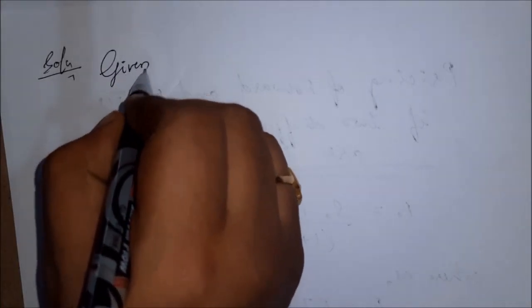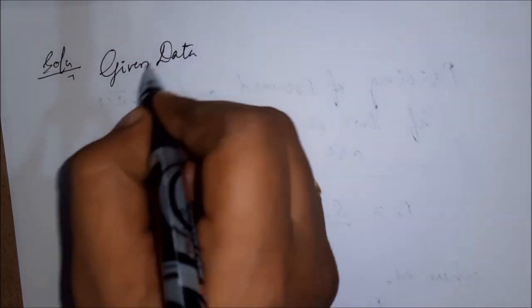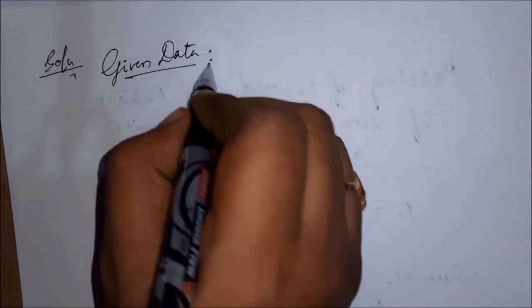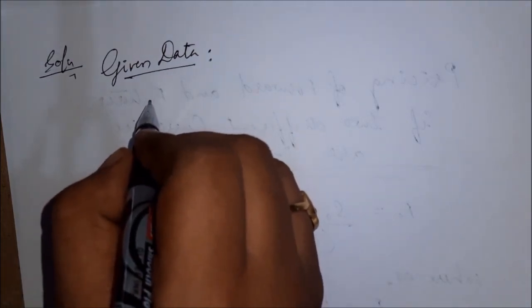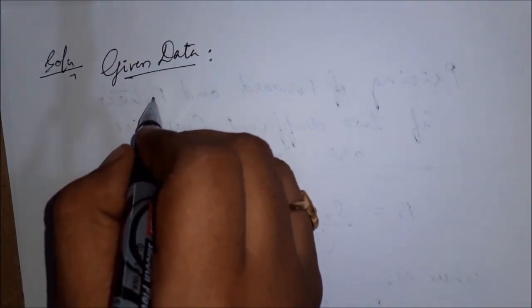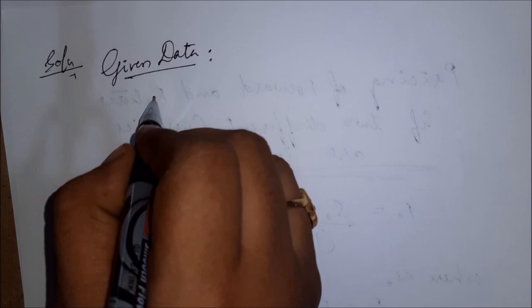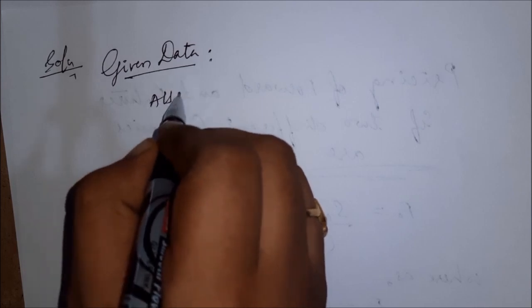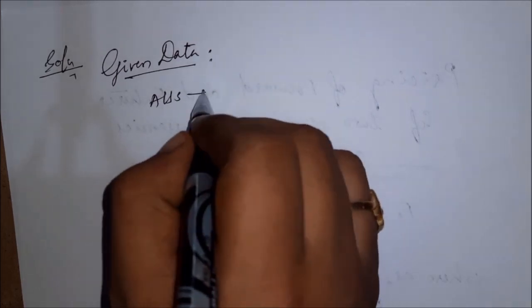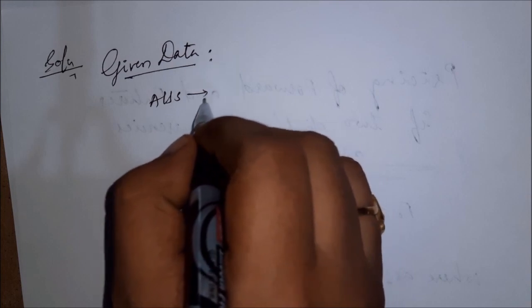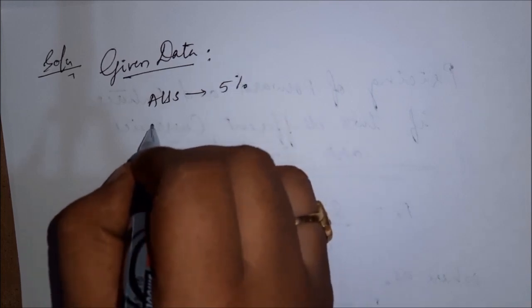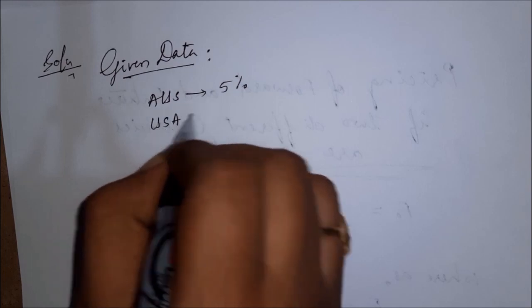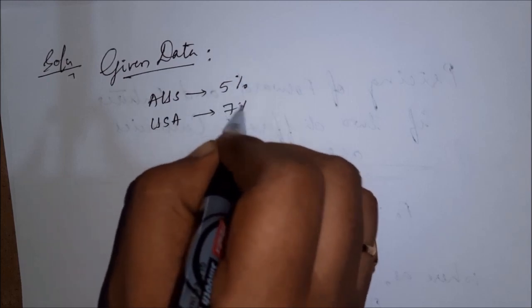Write down the given data first. Here two different currencies' rates are given. Australia is 5% and USA 7%, given in the problem.